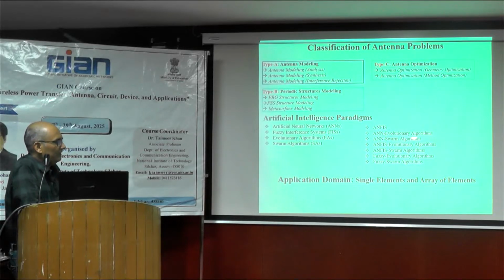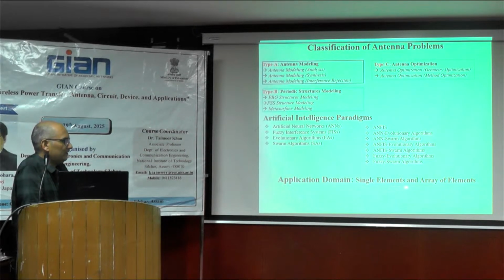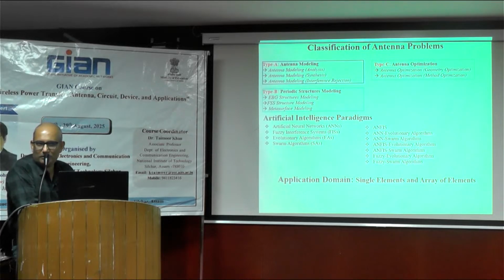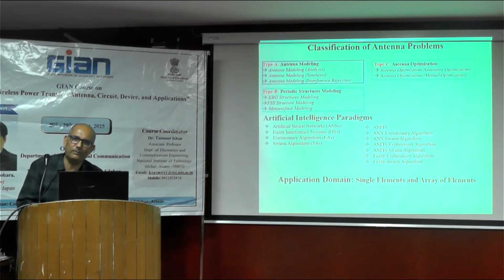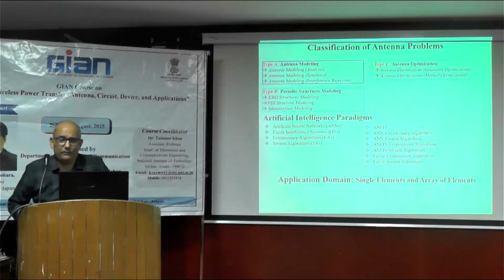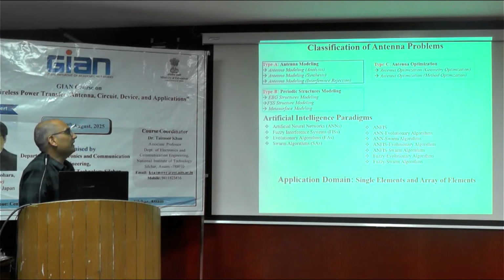We have some published work on different classifications of these combinations, and applications may be single element based or array based. You should not get diverted to that. The single element may be a single antenna used for WPT or RFEH. Then arrays of elements may also be used in the form of an antenna array or MIMO or some other configuration.